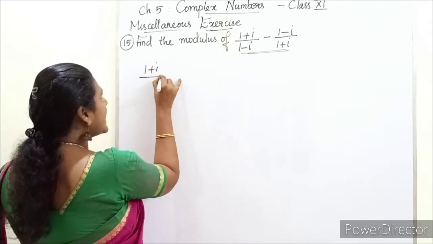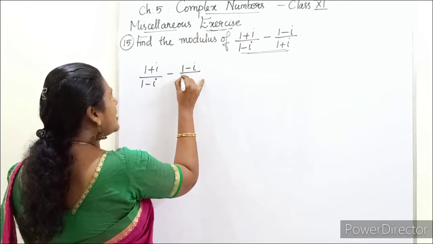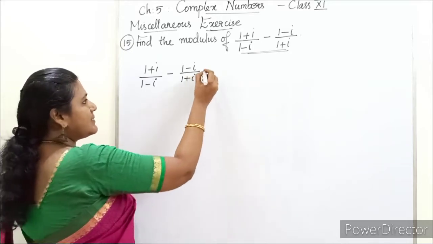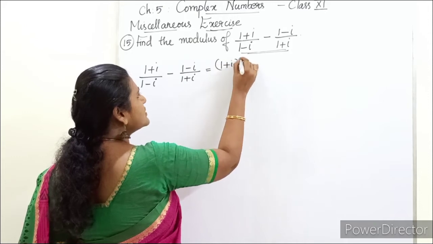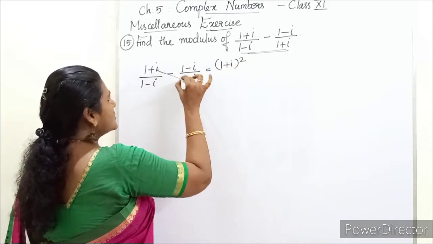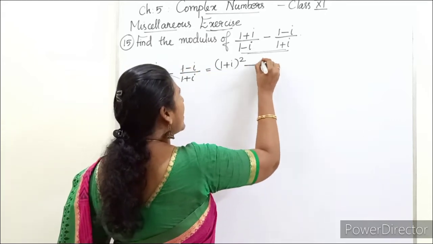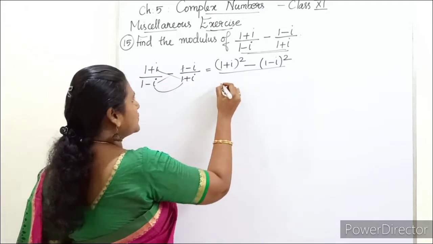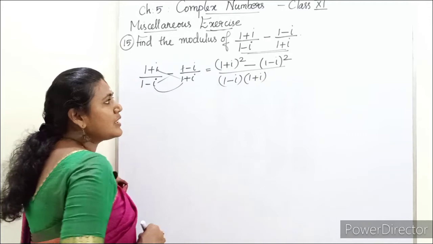So (1 plus i) by (1 minus i) minus (1 minus i) by (1 plus i). So here we will take LCM and we will simplify. In the numerator you will get (1 plus i) the whole square. We will multiply these two. So (1 plus i) the whole square minus, then we will multiply these two, (1 minus i) the whole square, divided by the product of the denominators, that is (1 minus i) into (1 plus i). Now we are going to simplify.